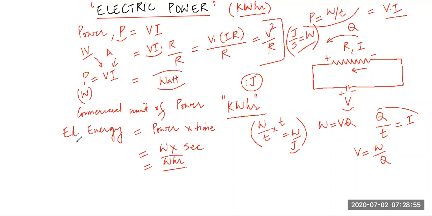Watt hour is electrical energy consumed by the device in case 1 watt power is used for 1 hour. Once again, electrical energy consumed or dissipated could be termed as watt hour when the electrical device uses 1 watt of power for 1 hour.